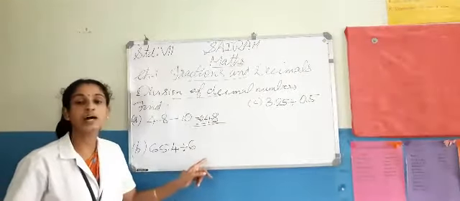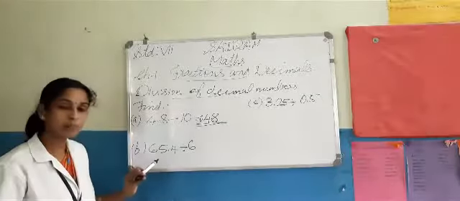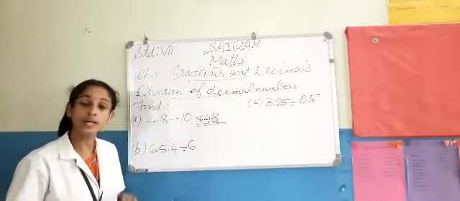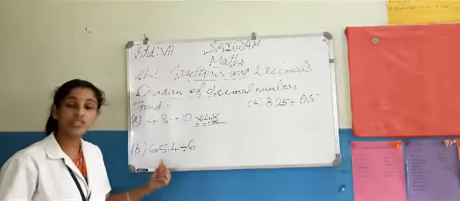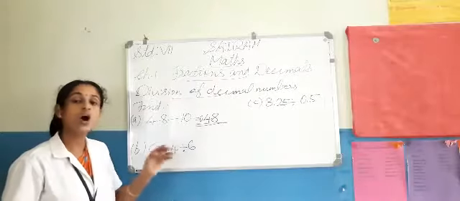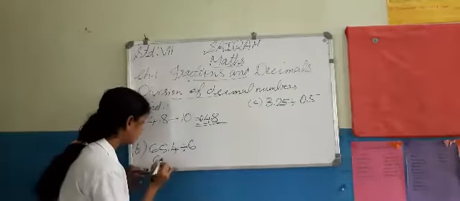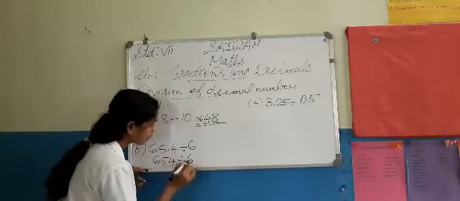The next problem is 65.4 divided by 6. Here it is a decimal number divided by a whole number. What did we do here? First of all we treat the decimal number as a whole number. Then we take 654 divided by 6.